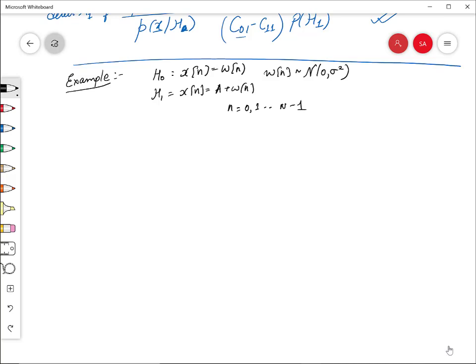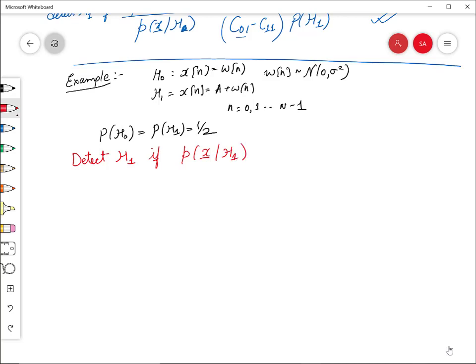It is given that the prior probabilities of H0 and H1 are the same and equal to half. So how we are going to detect in this case is, detect H1 if the likelihood of H1 is greater than that of H0, or the probability of x given H1 divided by the probability of x given H0 is greater than 1.